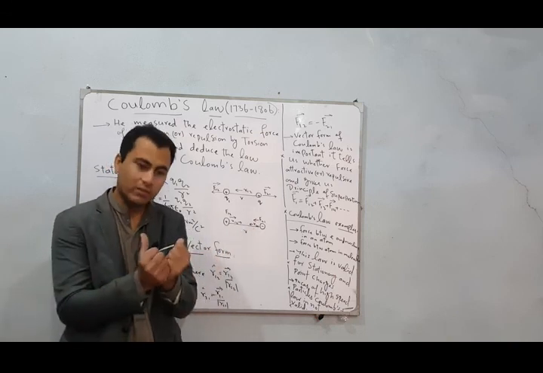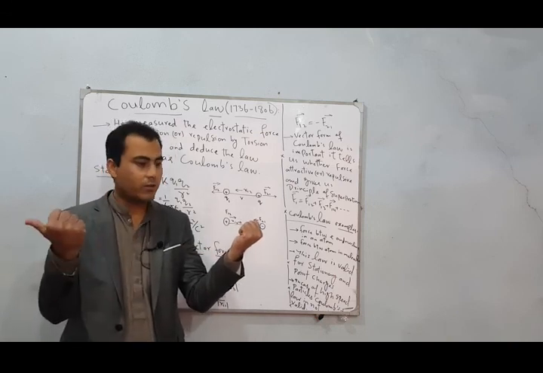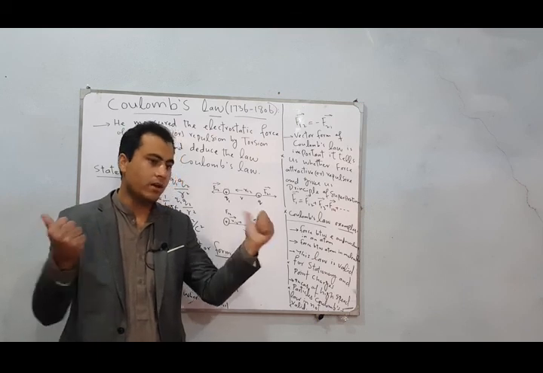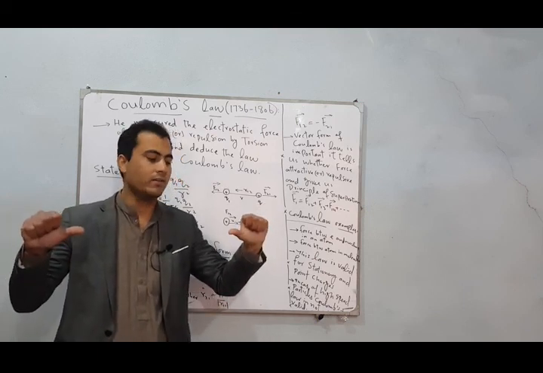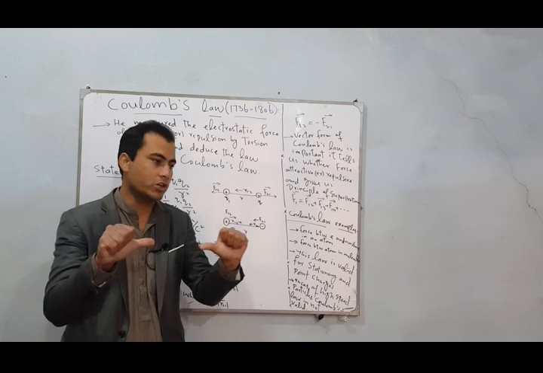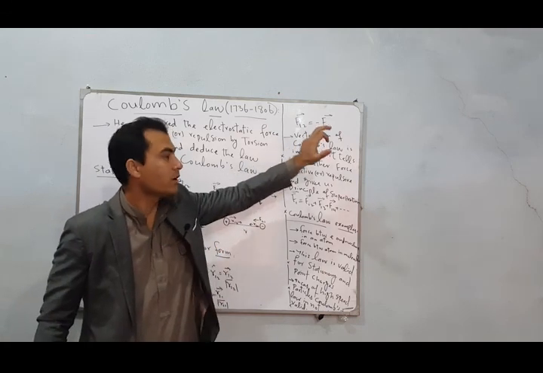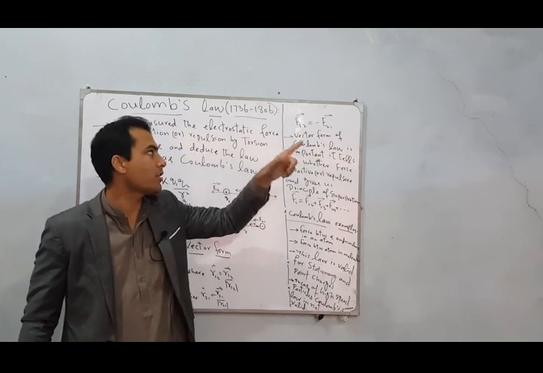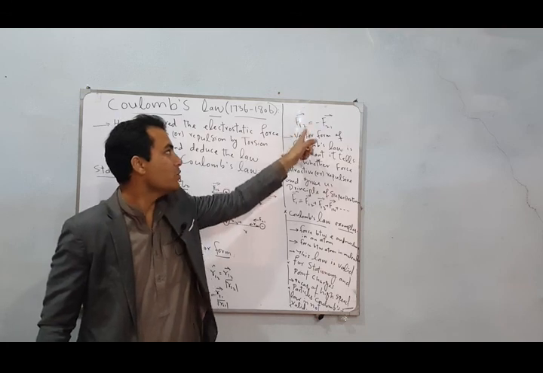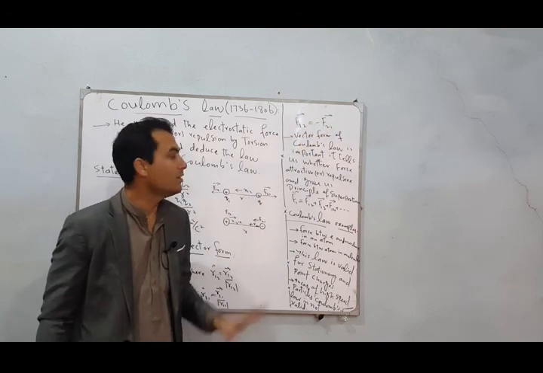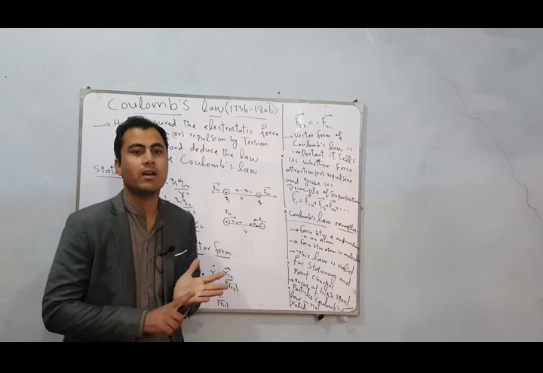For example, if the force is repulsive, then forces F1 and F2 are in opposite directions, and if the force is attractive, then you see here the forces are again in opposite directions. So we must include the negative sign here, but the other important point is that the magnitudes of these two forces are always equal, only opposite in direction.